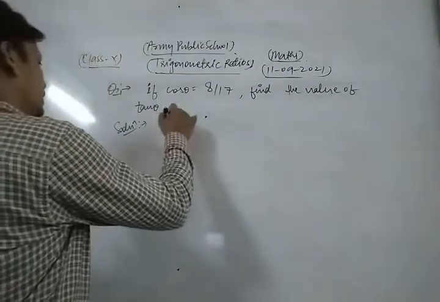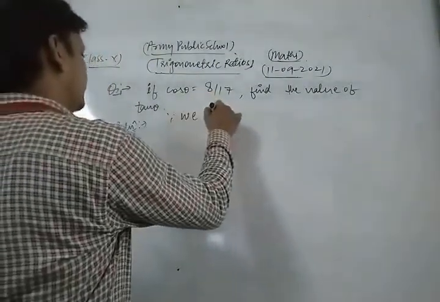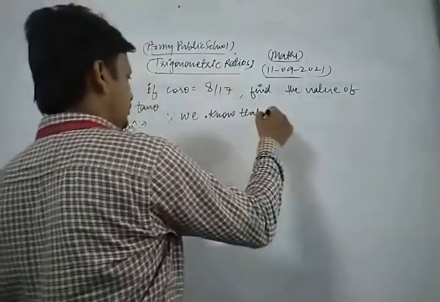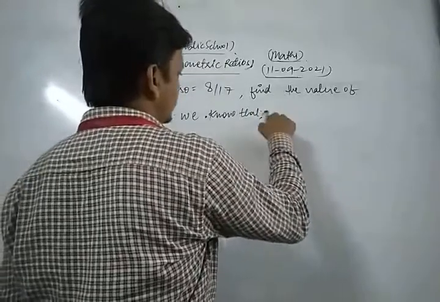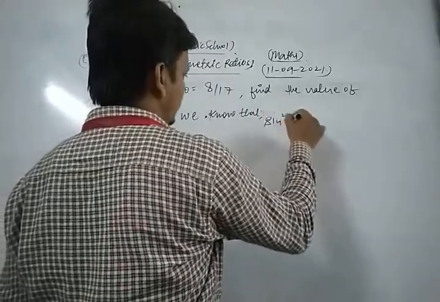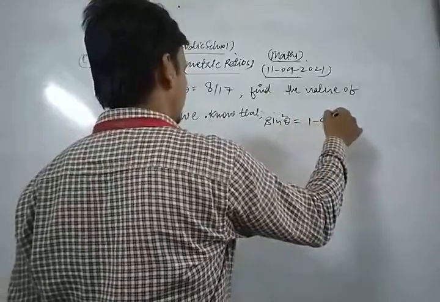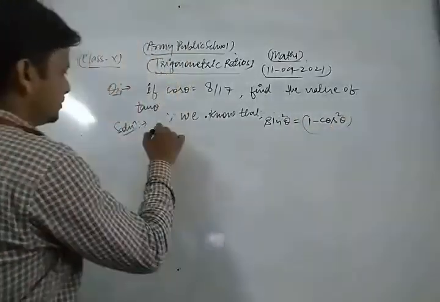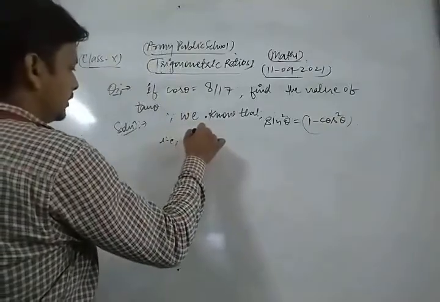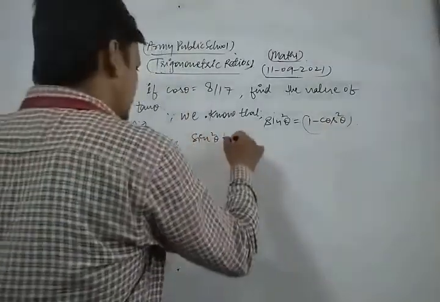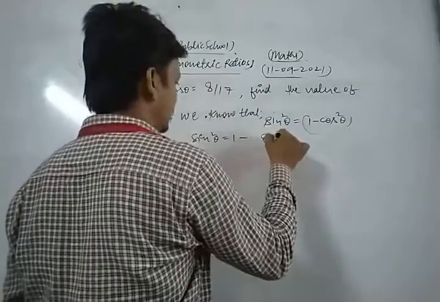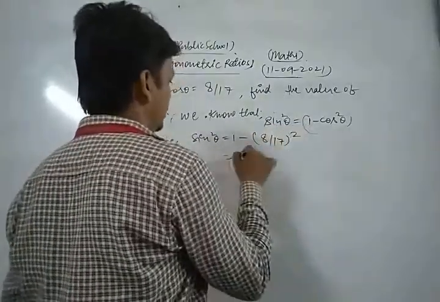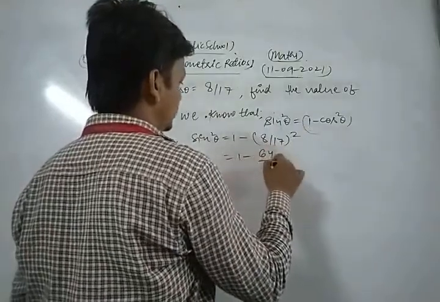So since we know that sin square theta is equal to 1 minus cos square theta, that is sin square theta is 1 minus cos square, which is 8 upon 17 whole square, and 17 square is 289.